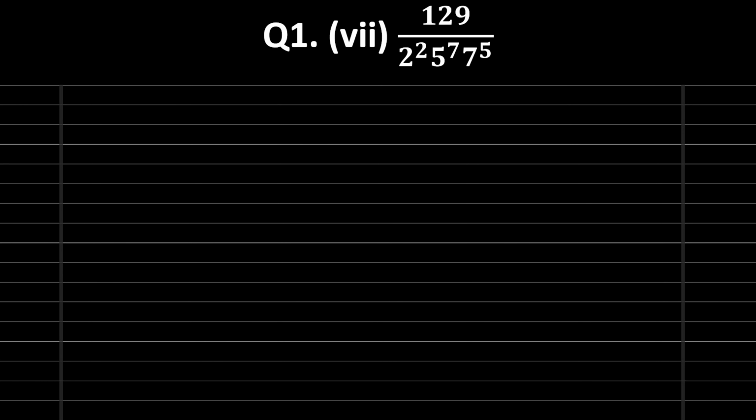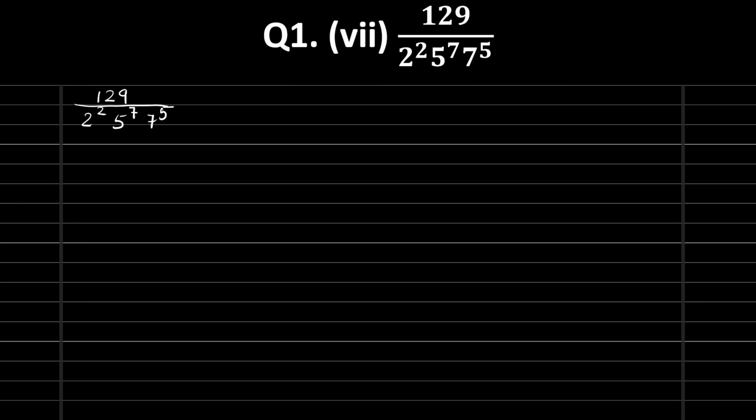Now, this is the seventh subpart of question number 1. Here clearly we can observe that in the denominator we have 2 raised to 2, 5 raised to 7 and 7 raised to 5. So the denominator is having, apart from 2 and 5, 7 also as a prime factor. Okay, the prime factorization of the denominator is having 7 also as a prime factor apart from 2 and 5.